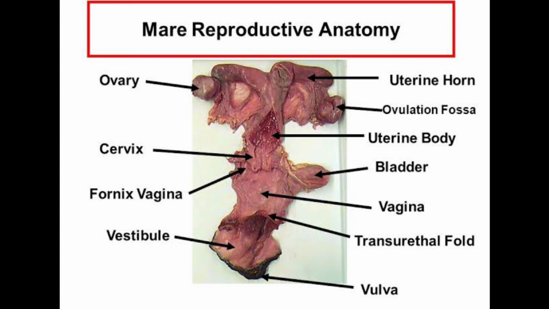The convex side of the ovary is called the hilus and is the area of attachment to the abdominal cavity. The hilus also provides passage for blood vessels and nerves which serve the entire ovary. This wedge-shaped area is the only portion of the ovary from which an egg may be ovulated.